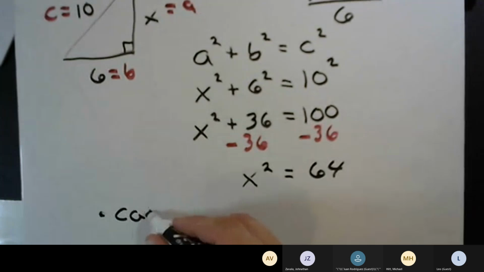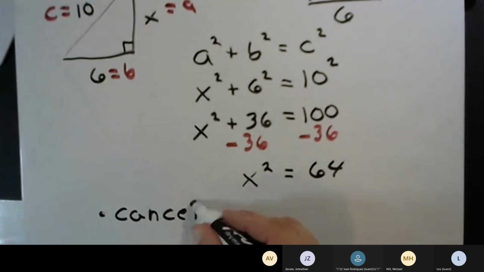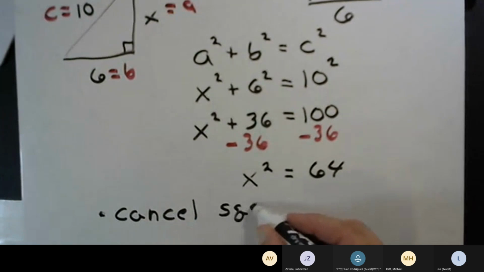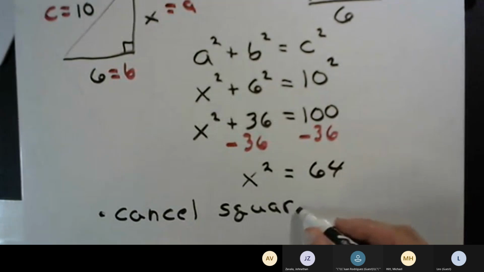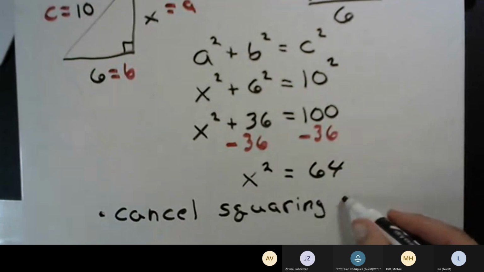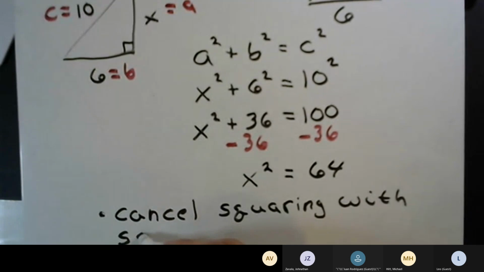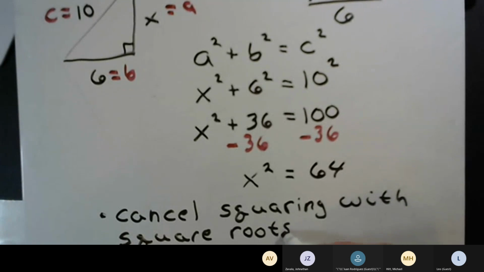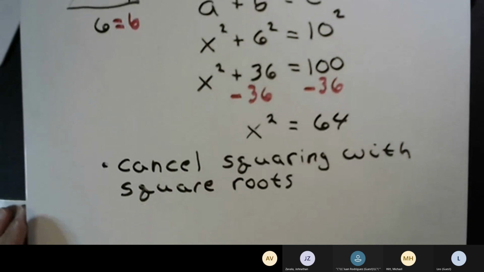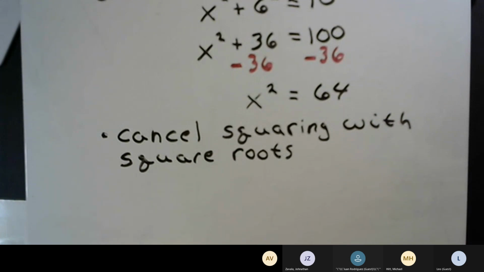So we cancel squaring with square roots. We cancel squaring with square roots.